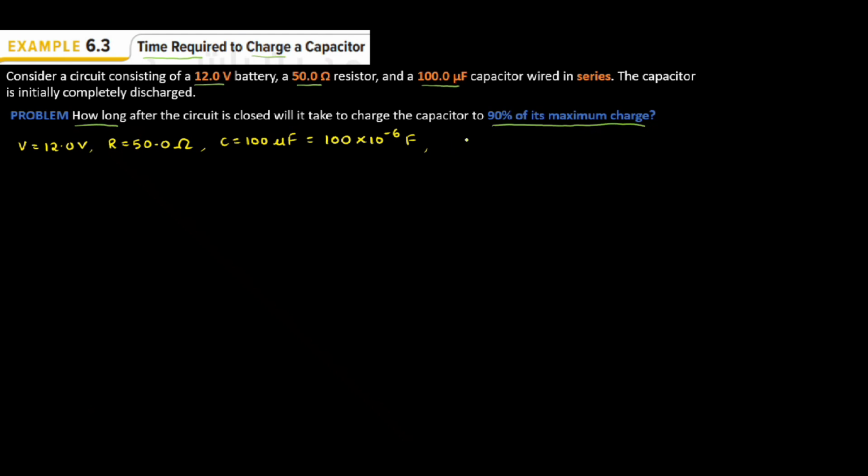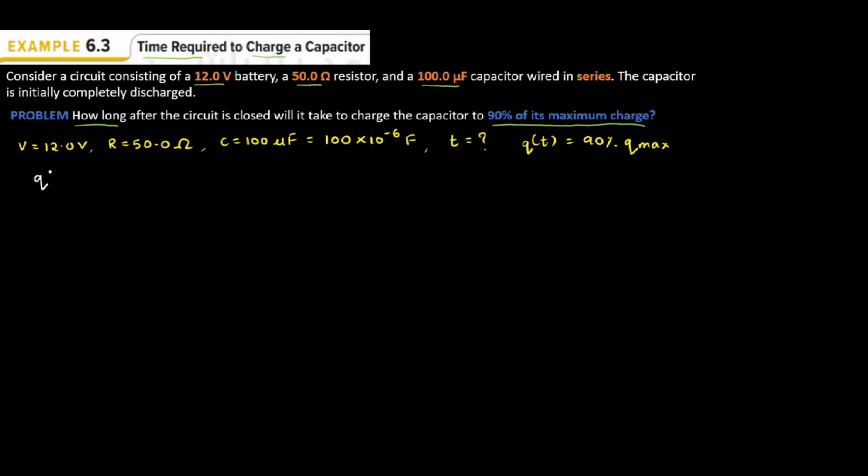And they have asked how long, that means I need to find how much time it takes to charge the capacitor to 90% of its maximum value. So Q(t) must be 90% of my Qmax.